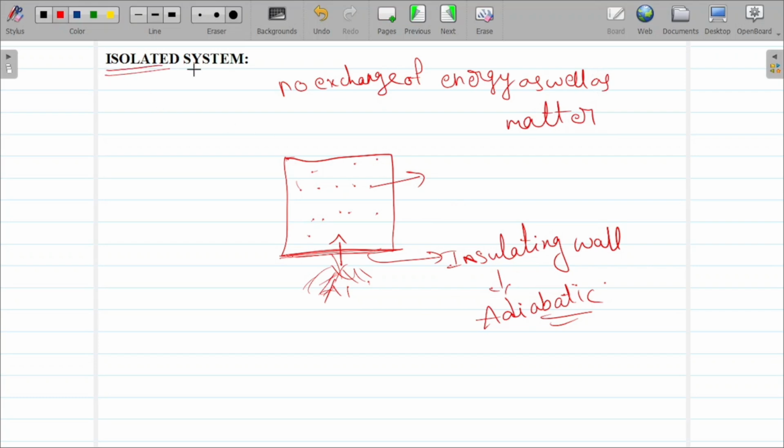We already know about this isolated system. Isolation: when we were in the pandemic, at that time we came to know about isolation. We cannot come out, nothing will go inside it. No energy will be transferred. That will be called an isolated system. Same thing: no energy is transferred as well as no matter is transferred.